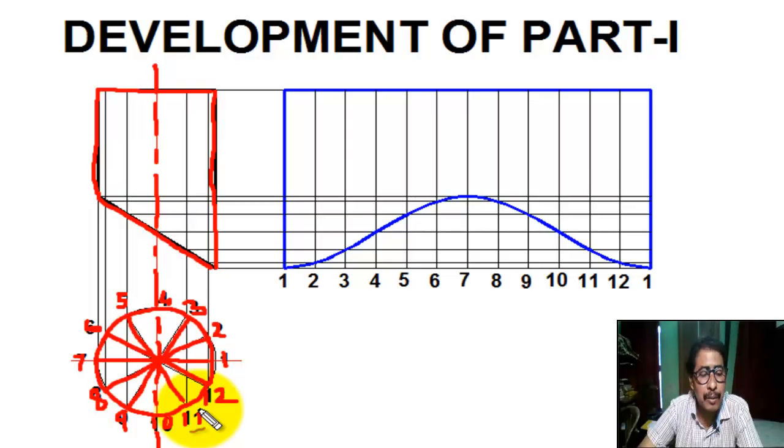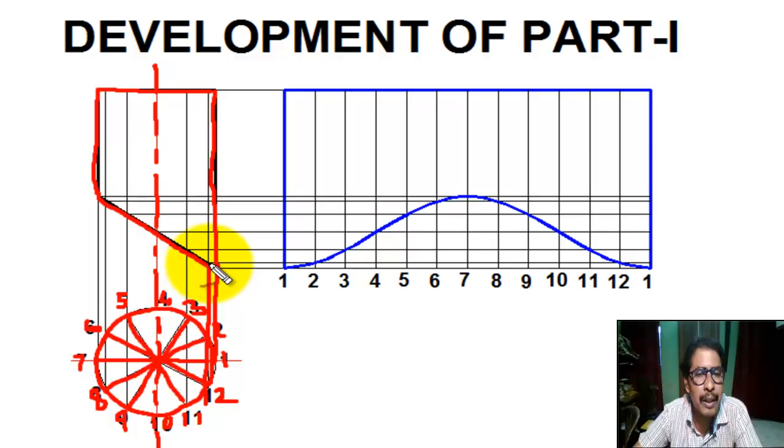Now draw parallel projection lines from these points 1, 2, 3, 4, 5, 6, 7, 8, 9, 10, 11, 12. Draw parallel projection lines from 2 and 12. Draw the parallel projection line from 3 and 11.